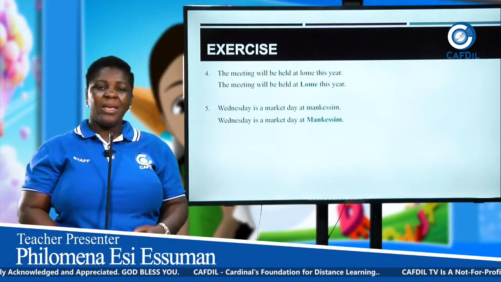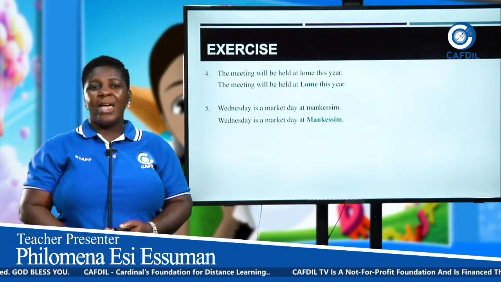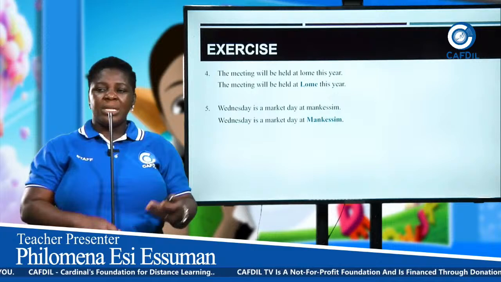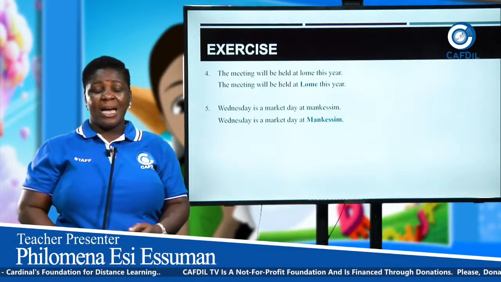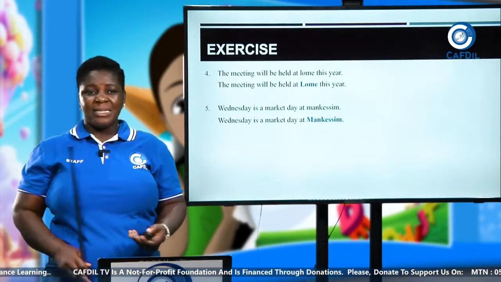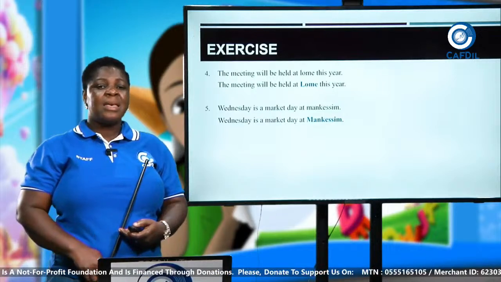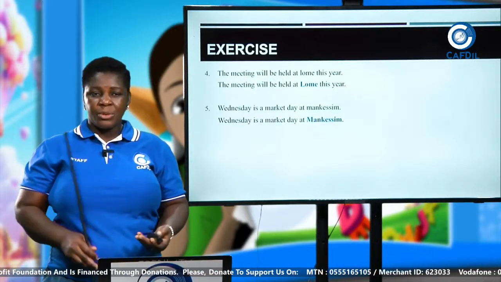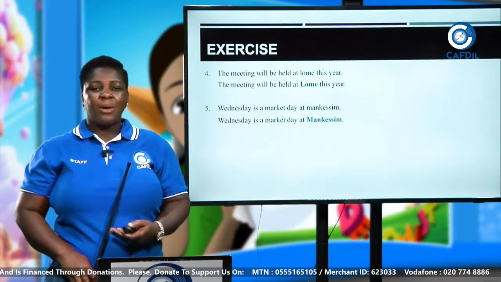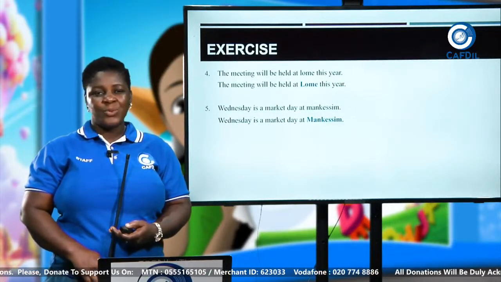But for today, we are looking at names of places, and we are focusing on towns and cities. I have shown you pictures of towns and cities. I have given you examples, and I have also told you that proper nouns begin with capital letters. Thus, I do not want you to forget.